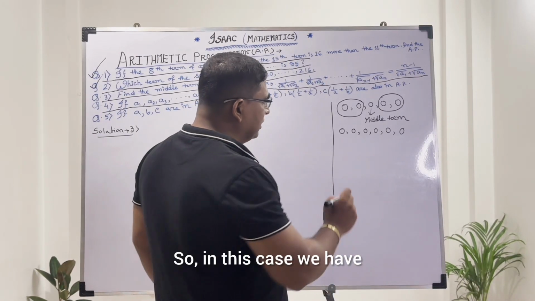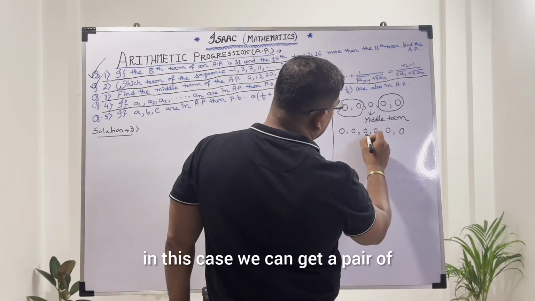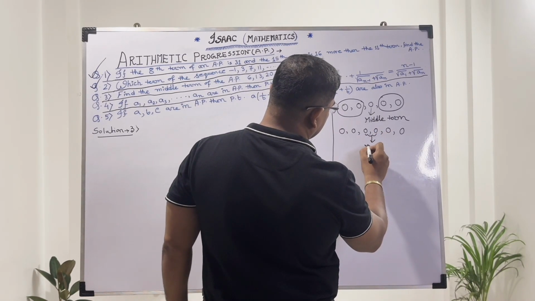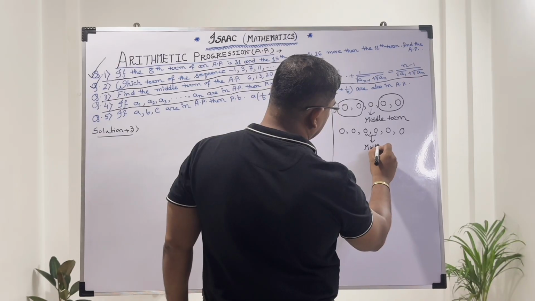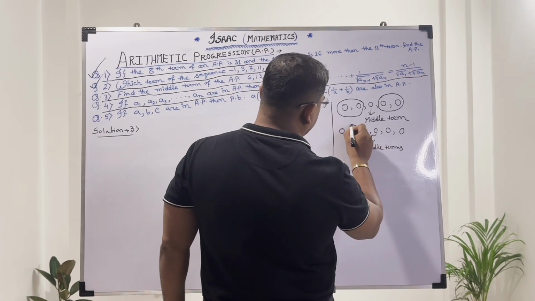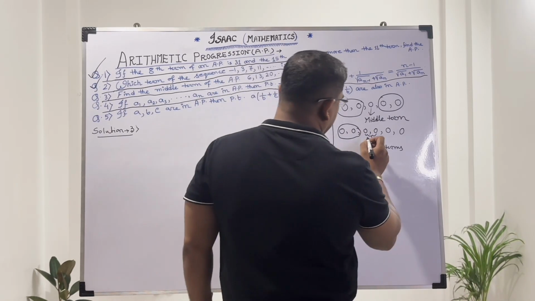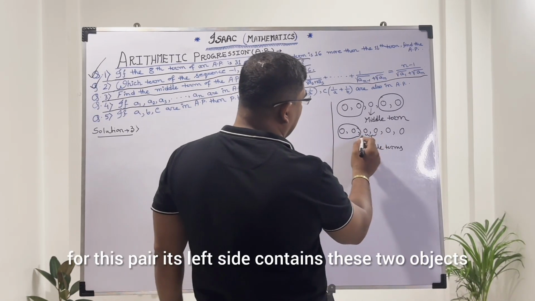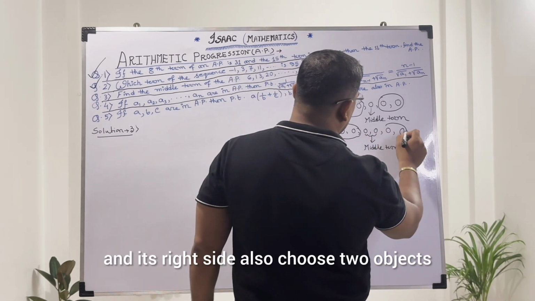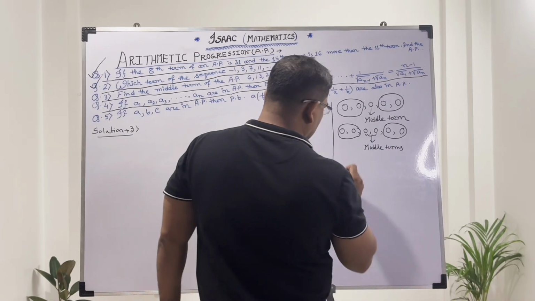In this case we get a pair of middle terms, because for this pair, its left side contains two objects and its right side also contains two objects.